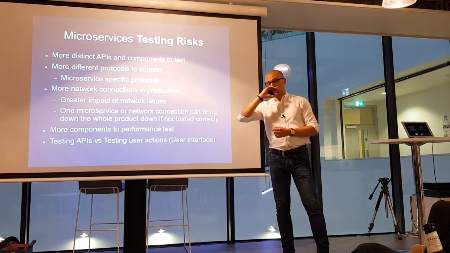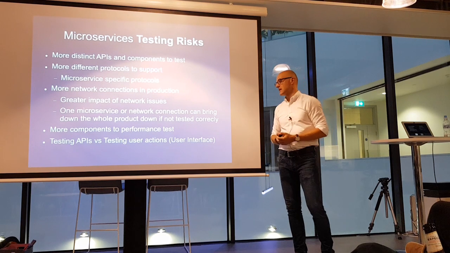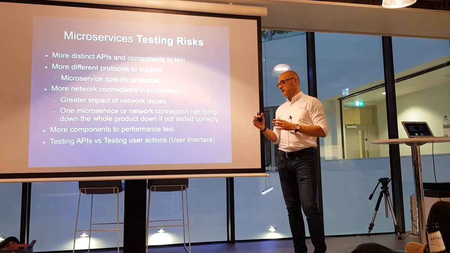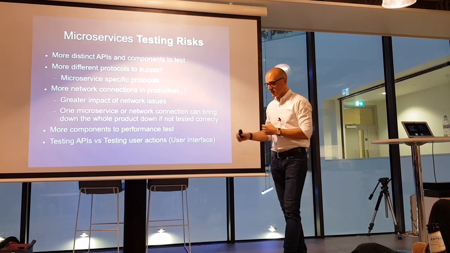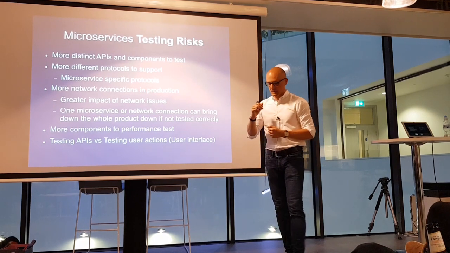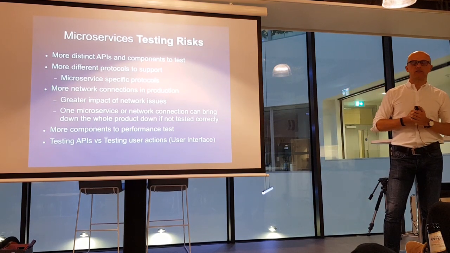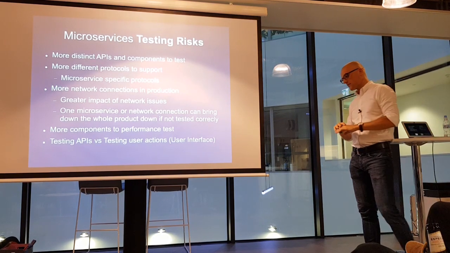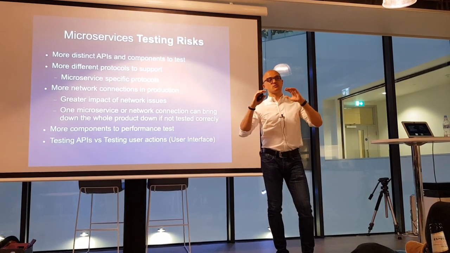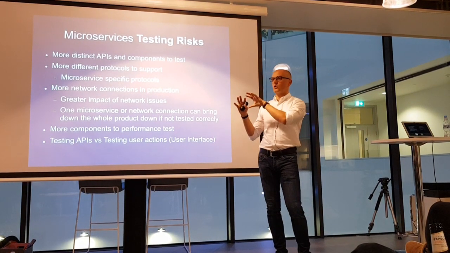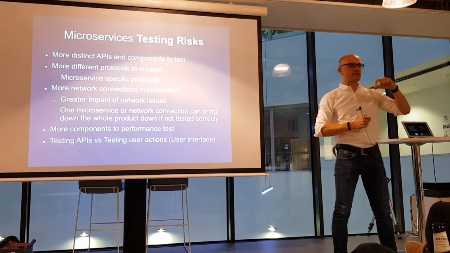Obviously, the more components you have, the more components you're going to have to performance test. And one thing that wasn't very visible in this organization, but that some people observe, is that a lot of QA teams are used to testing from the user's point of view: what happens if the user goes to a website, or clicks something in the application.